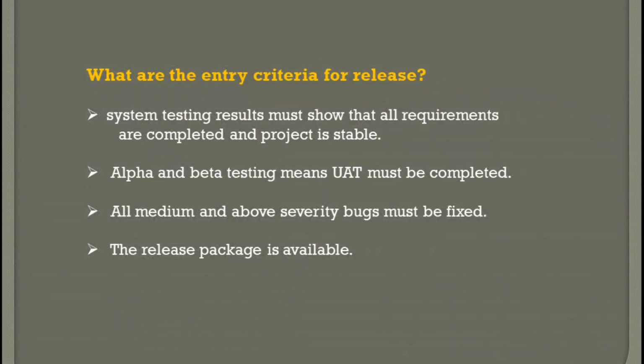Alpha and beta testing are completed. At the time of releasing, we conduct acceptance testing and it is completed. All medium and above severity bugs must be fixed. The release package is available from our test manager and BA, and the project is completed and released to the user or customer.